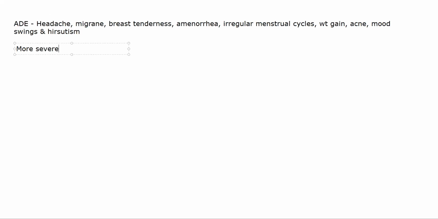More severe side effects of taking contraceptives will be, first of all, on the CVS, especially in women over 35. In women over 35 years old, it can increase the risk of MI, myocardial infarction, and venous thromboembolism.